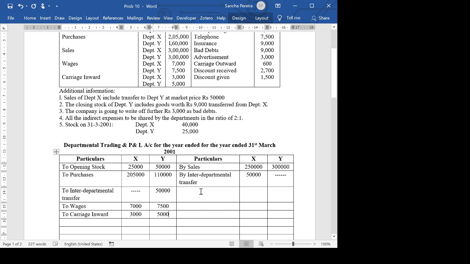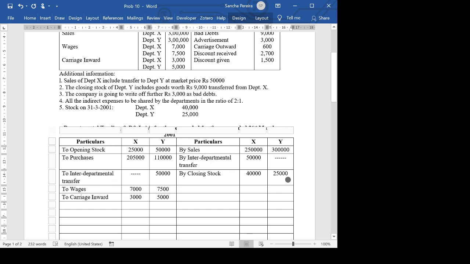This side we have the closing stock. Closing stock is given to us, 40,000 and 25,000. Okay. So that's, we're done with the items in the trading account.